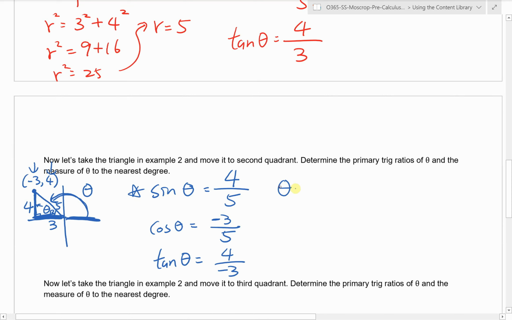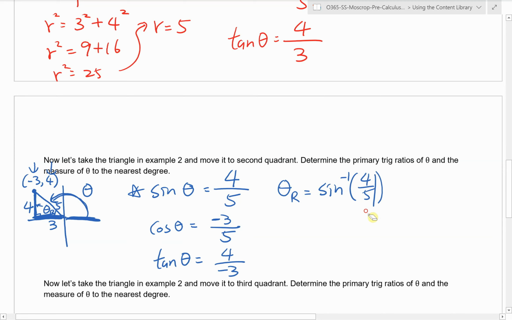So when you try to figure out the angle theta, you must figure out the reference angle first. And to do that, you simply take the inverse sine, cosine, or tangent of the absolute value of the ratios. So for sine, it is just 4 over 5, not a problem. It's already positive, so it's kind of redundant to put the absolute value symbol there.